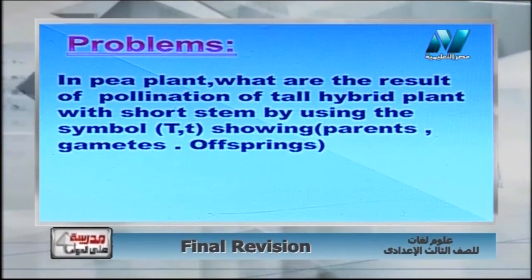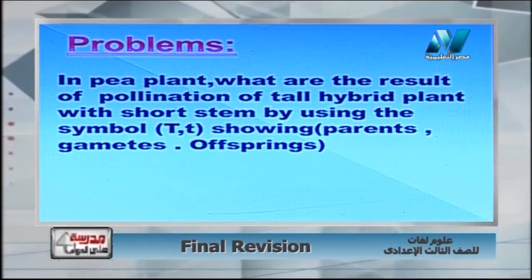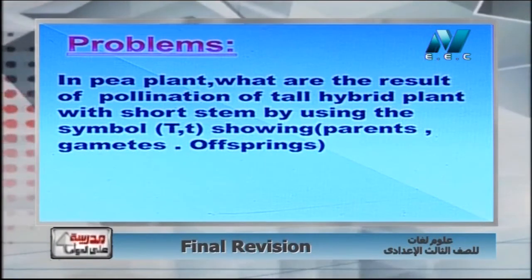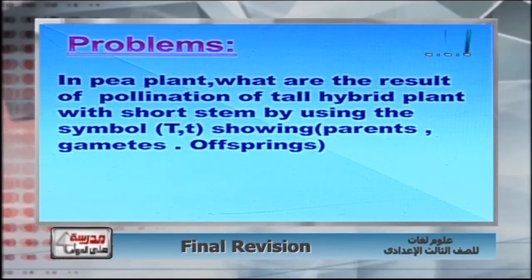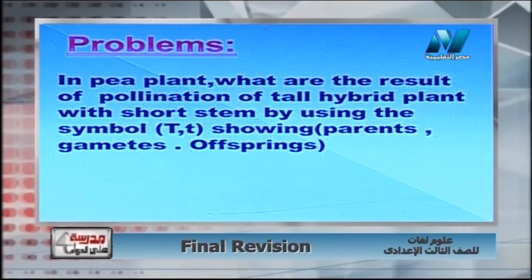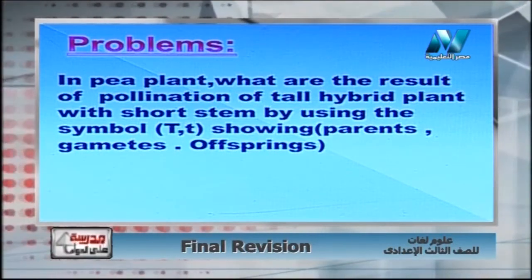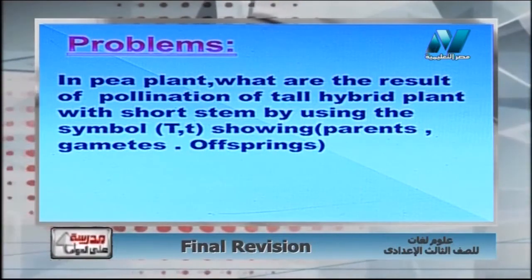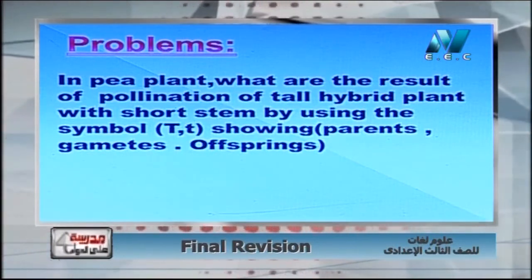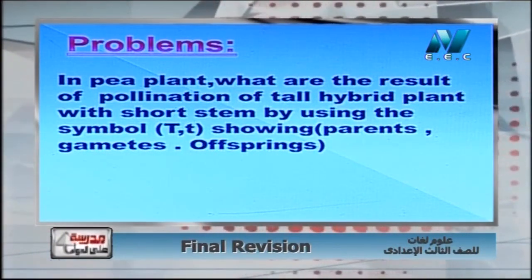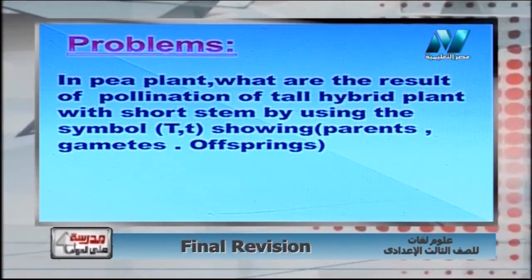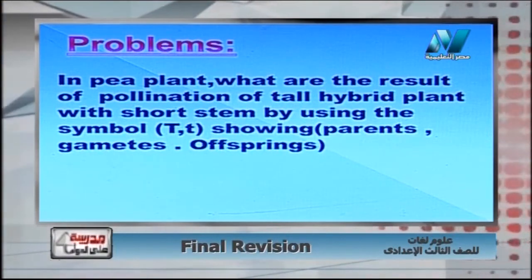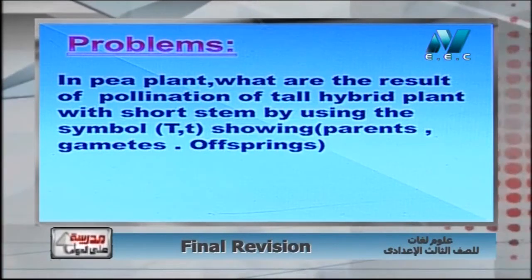We now have the problems of Mendel's first and second law. This is one, we call it from the first law. Okay, let's read it together. In a bean plant, what is the result of pollination of a tall hybrid plant with a short stem, using the symbols capital T, small t, showing parents, gamete and offspring? Again, read it carefully.